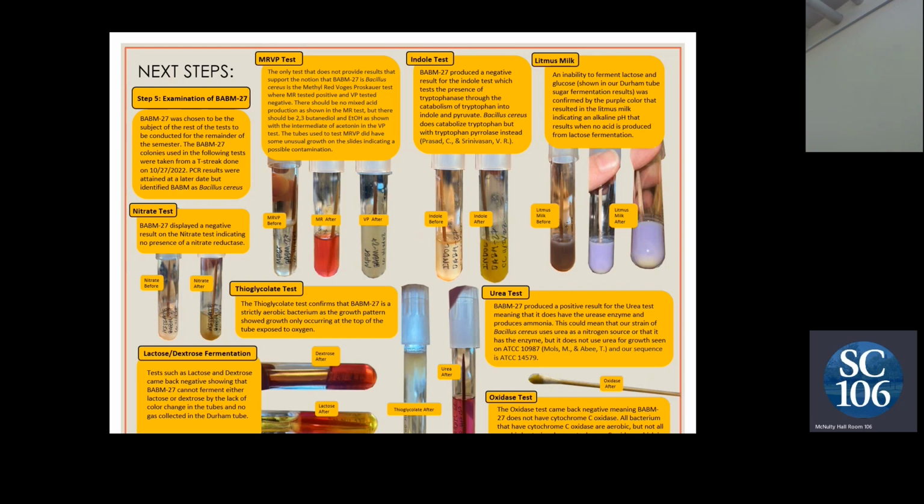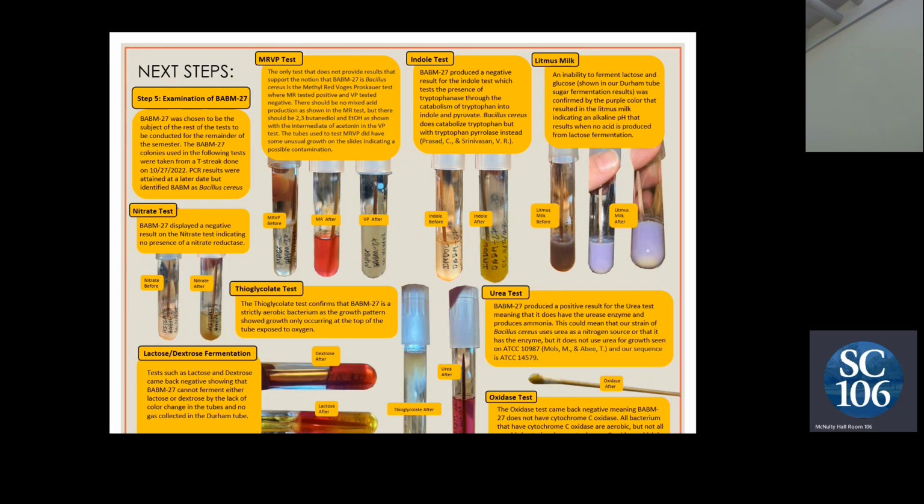Our lactose dextrose fermentation test came back negative, meaning that our bacteria is unable to ferment lactose or dextrose, which was also confirmed by our litmus test, also coming back negative, showing that our bacteria is unable to ferment lactose and glucose. Our indole test also came back negative.